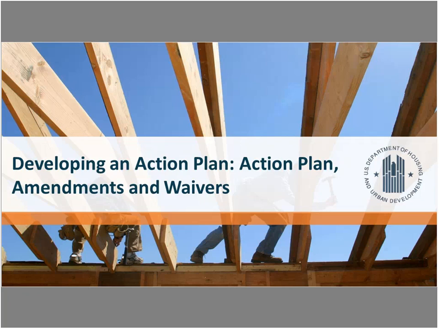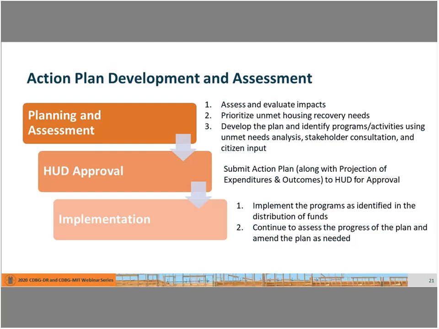All right, we'll talk about action plans. For those of you who have some experience with the CDBG program, this will be familiar to you, but again, it has some unique twists. If you'll notice, within the planning and assessment phase, you should be prioritizing unmet housing recovery needs. The topics of stakeholder consultation and citizen input are probably familiar to many of you, but again, they do have a disaster recovery twist when you're specifically focused on addressing disaster recovery needs.